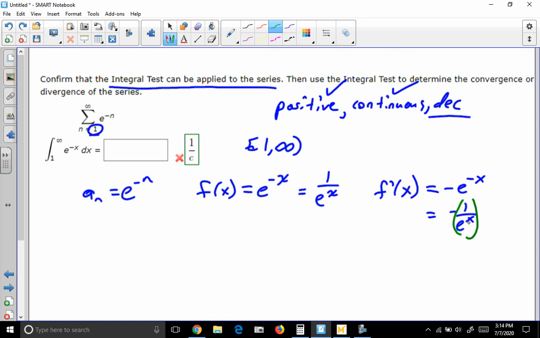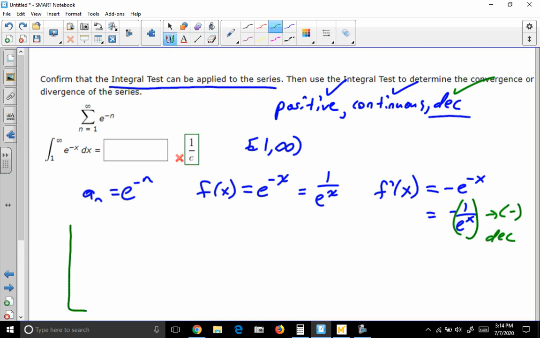So regardless of what x is, this is always going to be negative. If our first derivative is negative, that means we're decreasing. So we're decreasing for every value of x that we have. So if we meet those criteria, then we can use the integral test to determine whether or not our series converges or diverges.